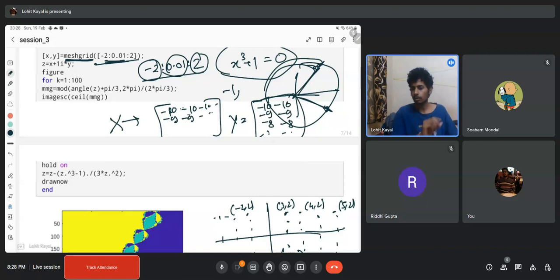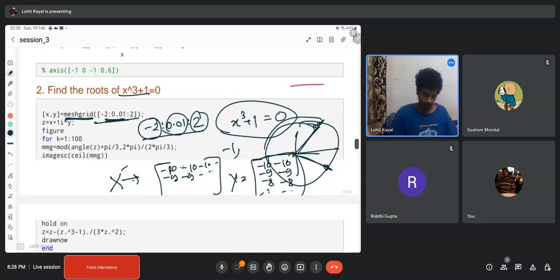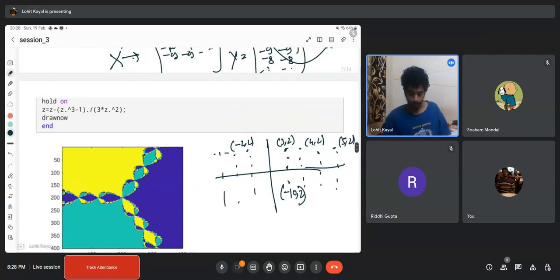So in one case all the rows will be the same, in the other case all the columns will be the same. It can be vice versa; I have forgotten which is which for x and y. Just try it. The basic idea is that meshgrid helps to generate all the points.